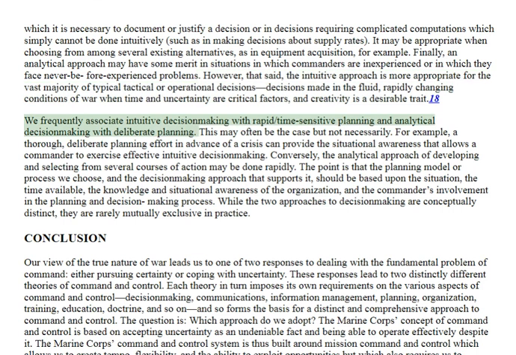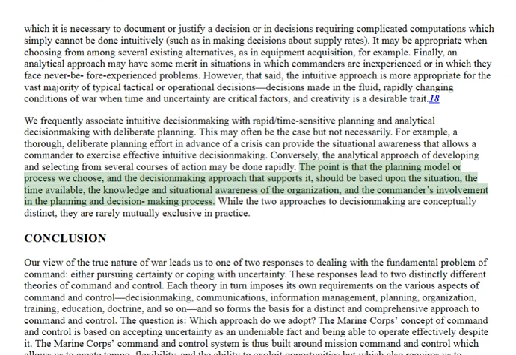18. We frequently associate intuitive decision-making with rapid, time-sensitive planning and analytical decision-making with deliberate planning. This may often be the case but not necessarily. For example, a thorough, deliberate planning effort in advance of a crisis can provide the situational awareness that allows a commander to exercise effective intuitive decision-making. Conversely, the analytical approach of developing and selecting from several courses of action may be done rapidly.